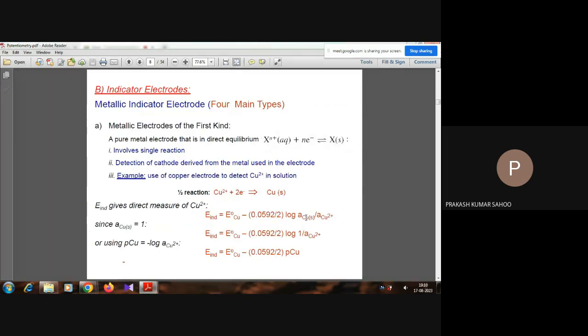Indicate the first type, that is the metal electrode of the first kind. This involves a single reaction: X^n+ accepts electrons to give X solid.